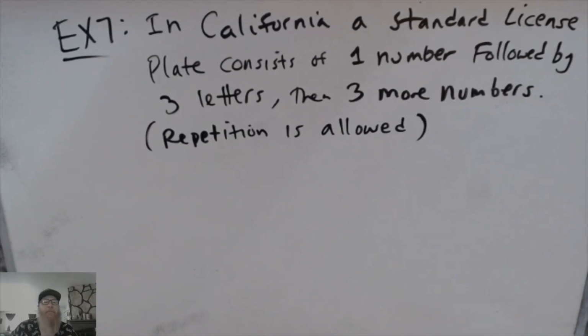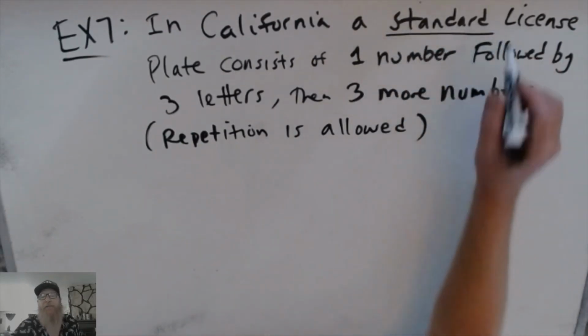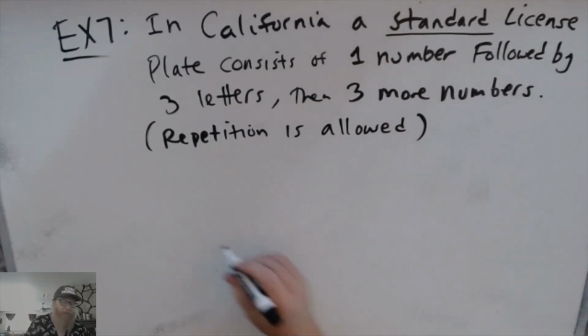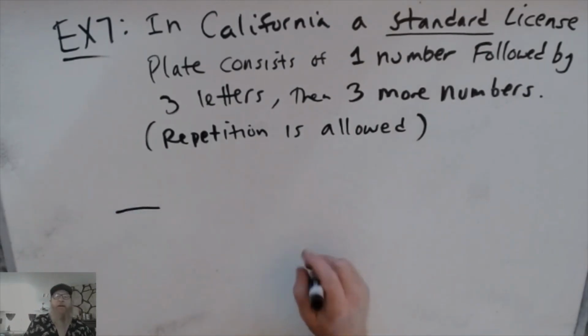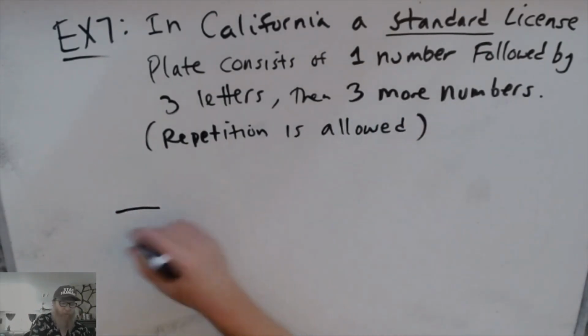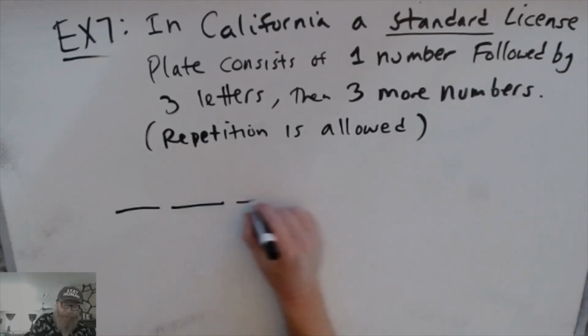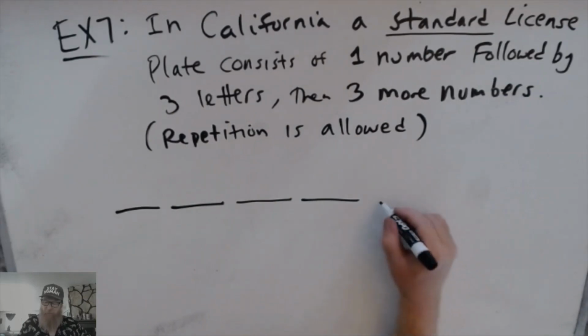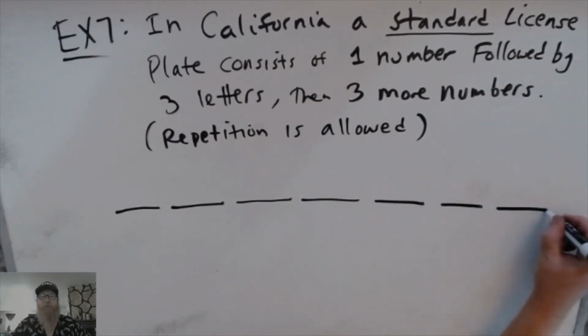Okay, example 7 is an application of this system. It's a real world application. In California, a standard license plate, so these are the non-custom, non-personalized plates, would consist of 7 digits, starting with 1 number, followed by 3 letters, and then followed by 3 more numbers.